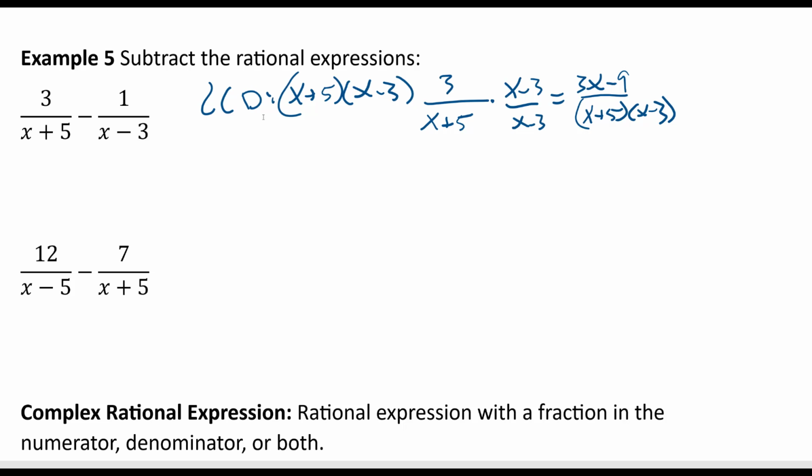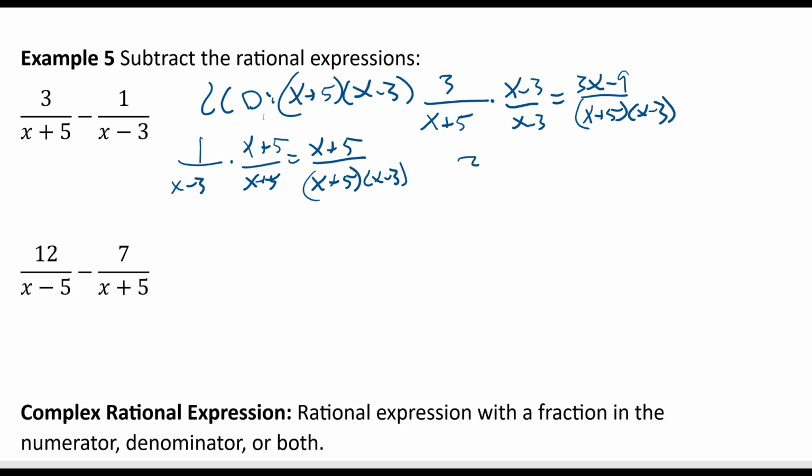And then we have 1 over x minus 3 times x plus 5 over x plus 5. So we have x plus 5 over x plus 5 times x minus 3. So now they're both in a common denominator format.